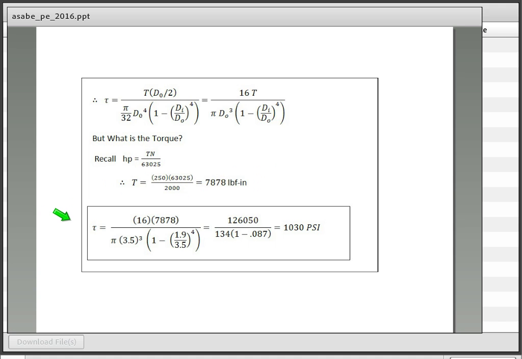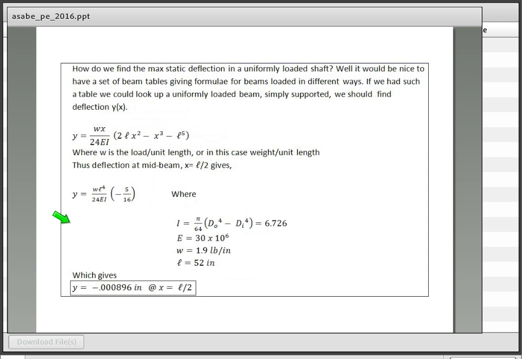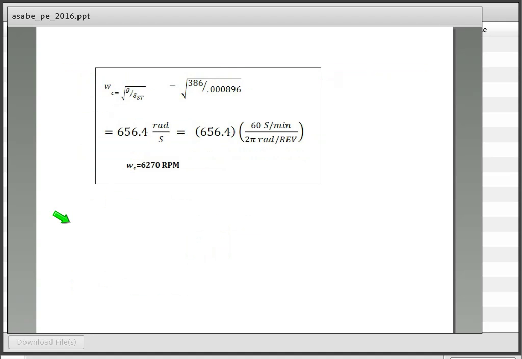Here, in this case, I just quickly wanted to calculate the deflection in the shaft, and calculated that to be 0.00896 at the midpoint of the shaft, and applied this equation for resonant frequency.